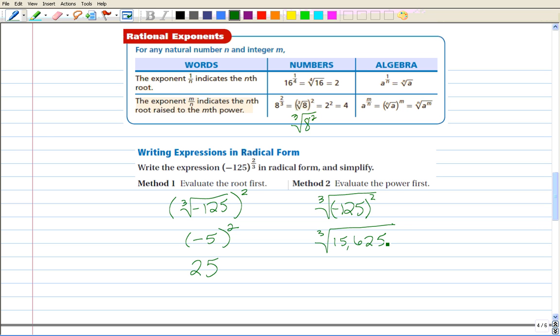And then what times what times what gives me 15,625? And that is 25. So you can see it doesn't matter which way you do it. It might be easier one way versus another, but you'll get the same answer in the end. I would probably, for this example, have chosen the one on the left because it dealt with smaller numbers, but even if you chose to go with method 2 here, it still works.